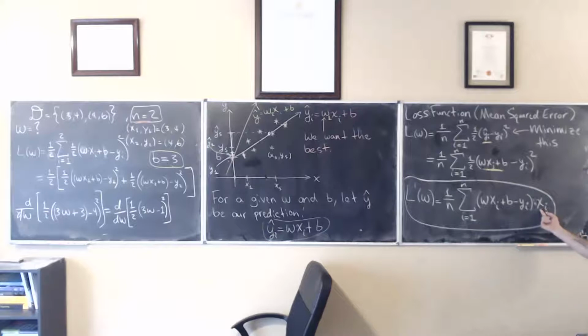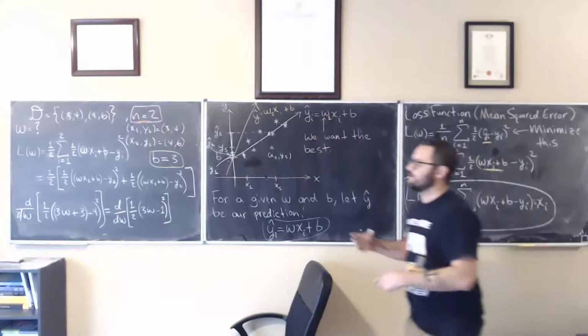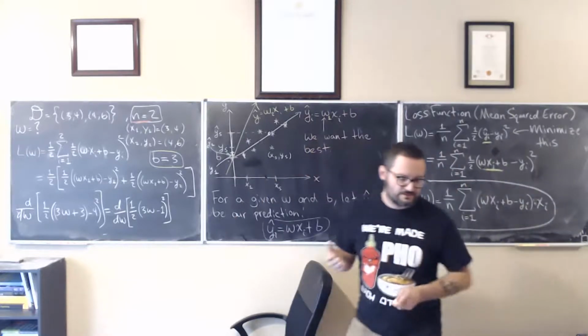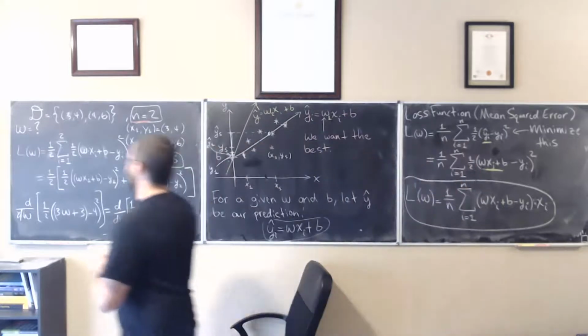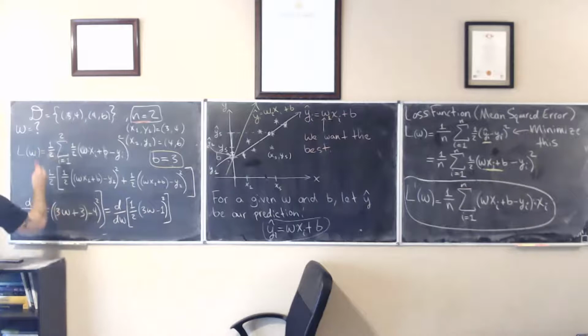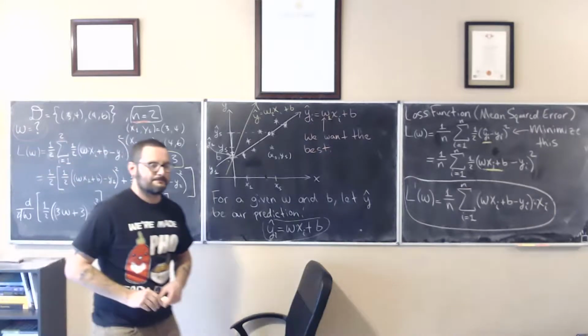What's multiplying it on the outside? Just the coefficient of w. So the x's and the y's are numbers, right? The w is the important thing that we need to figure out. Okay?